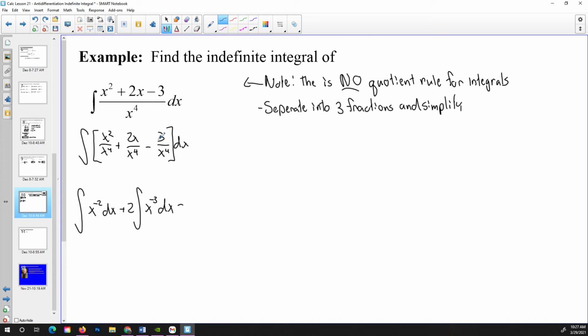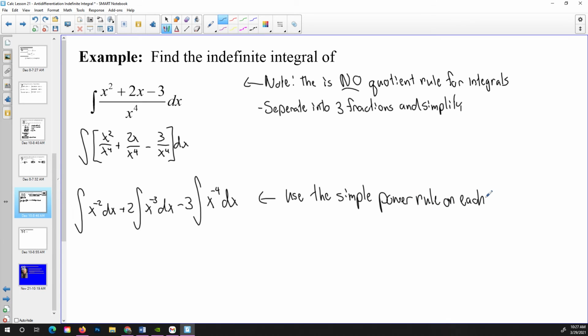I'll bring the 3 out in front, make that x to the 4th a negative exponent and put my dx, and I will use the simple power rule on each integral.